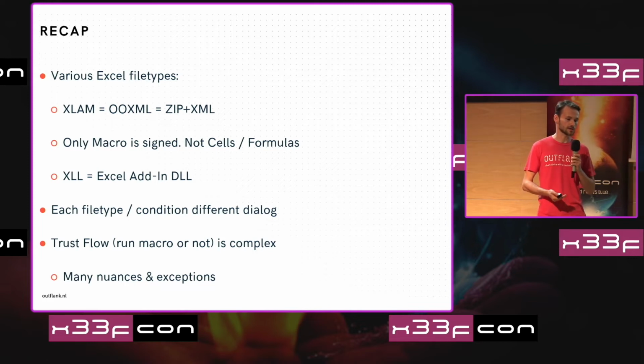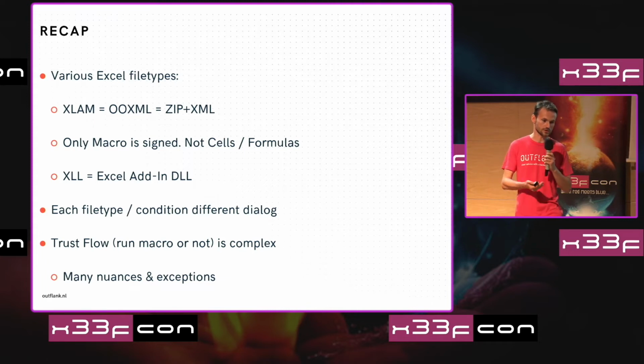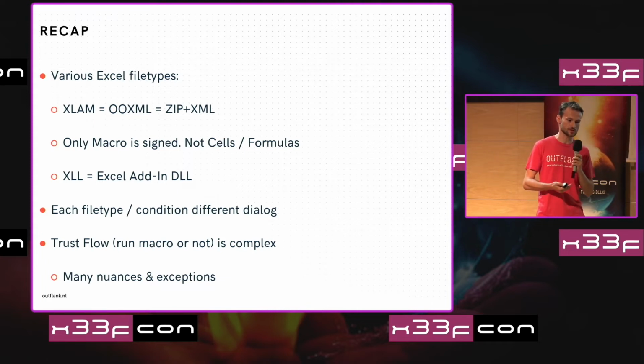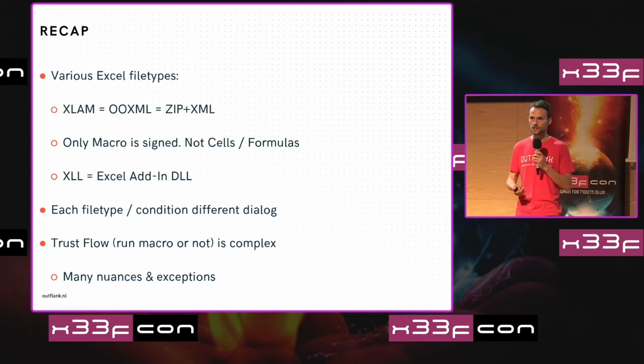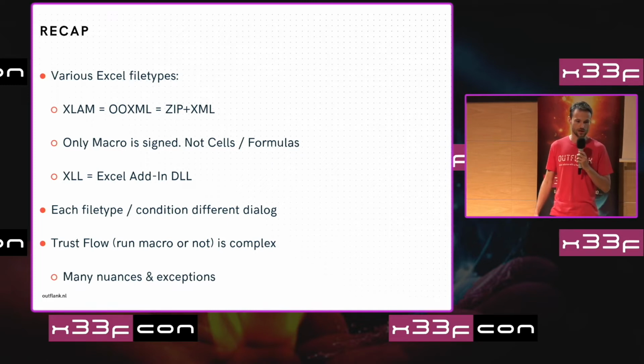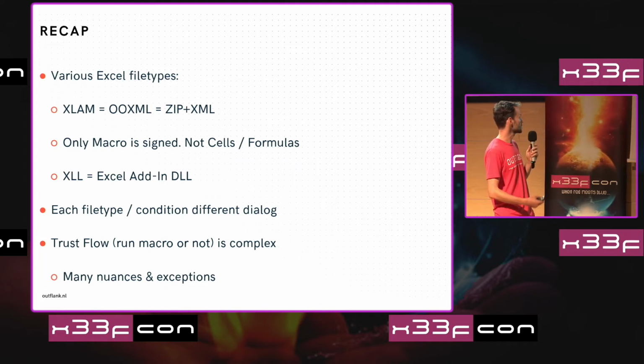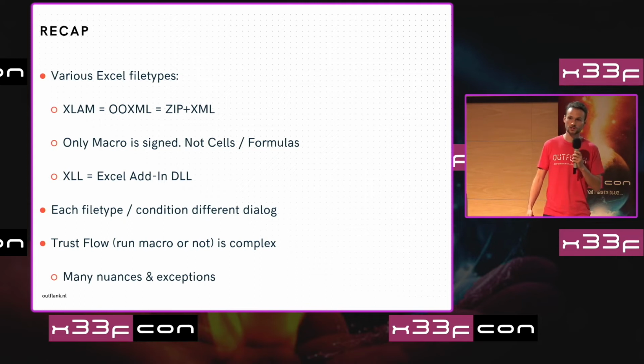An XLL is an Excel add-in DLL, which is really interesting as a file type because it's different and it can allow you as an attacker to have various OPSEC safety features, and there are different file types and dialogues. Furthermore, the trust flow is complex and has many nuances and exceptions.